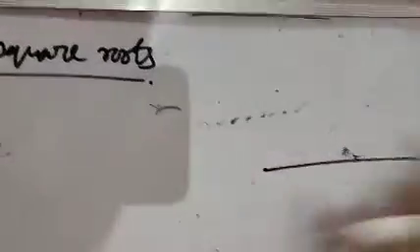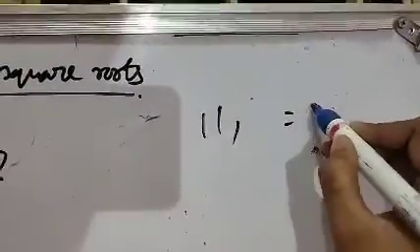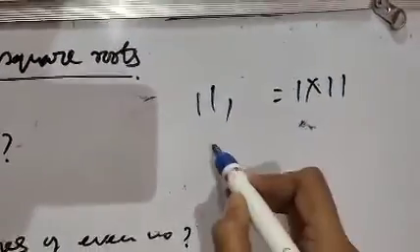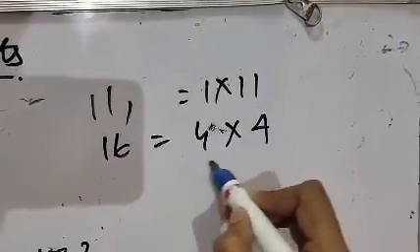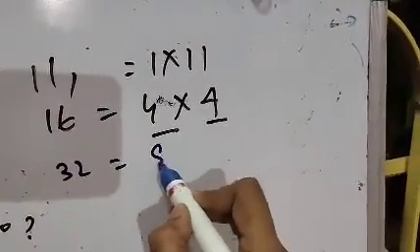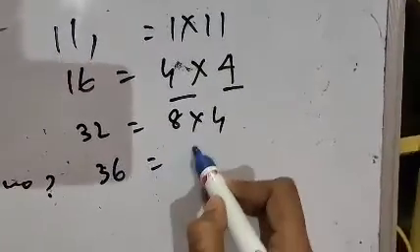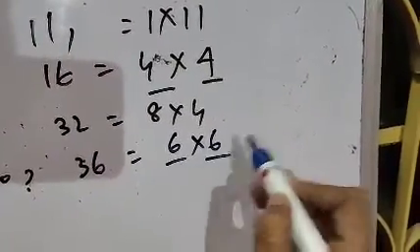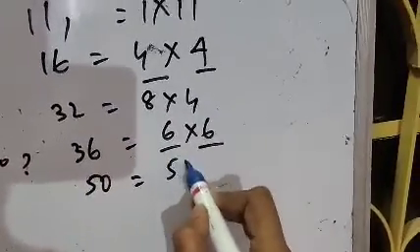So the first number is 11. This is 1 into 11. Next number is 16. It can be expressed as the product of two equal integers. Next number 32, 8 into 4. Next 36. This number also can be expressed as two equal integers. Next 50, 5 into 10.